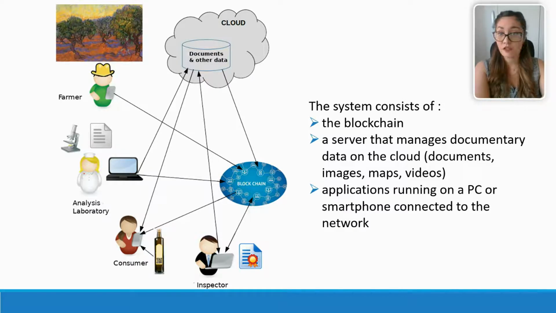An inspector of the consortium examines the certified history of the oil in production and in turn records its certification. A consumer, by reading the bottle label with a smartphone, can read the entire history of the oil contained in the bottle, from the olive grove to the bottle itself, certified on the blockchain, and can also read the data on the cloud.